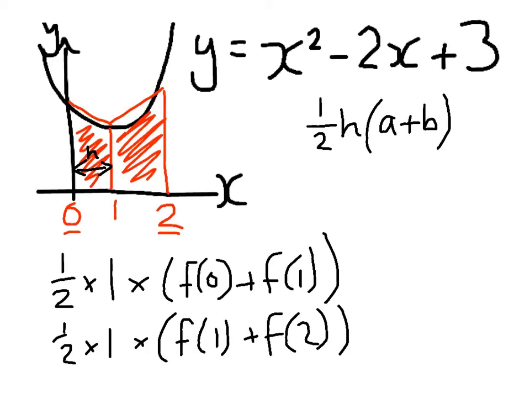So for this one, we would work out what f of 0 is, and we would go 0 squared minus 2 lots of 0 plus 3, so this would be 3 here. So if I pop that in there, in fact I'm going to use a different colour so I don't get confused.